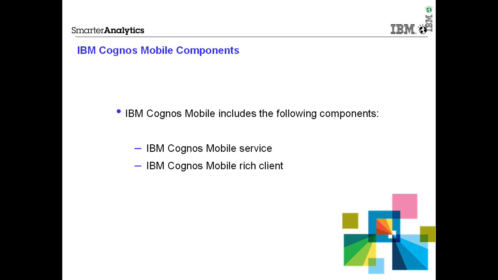Now let us look at the mobile components which help us in making this happen, and it's important. IBM Cognos Mobile includes two components: IBM Cognos Mobile Service and IBM Cognos Mobile Client. As the name suggests, the IBM Cognos Mobile Service helps in the basic communication between the IBM BI server and the mobile apps.